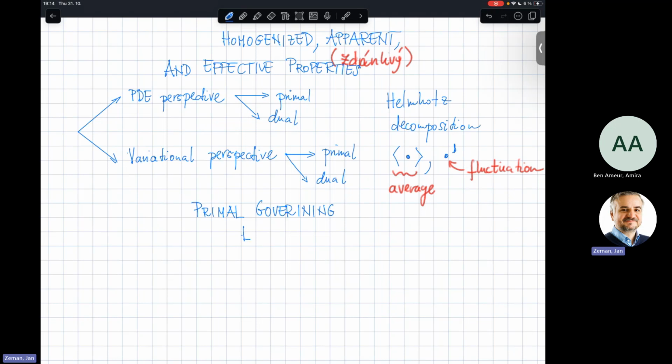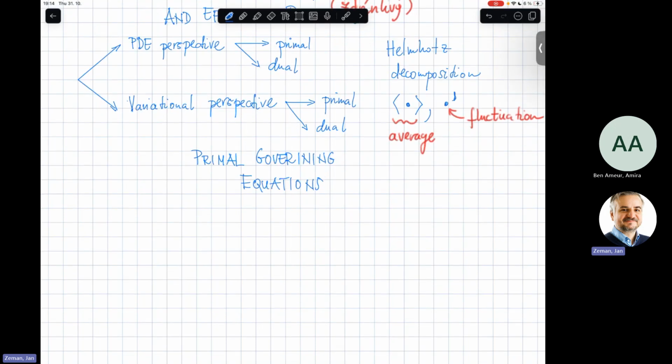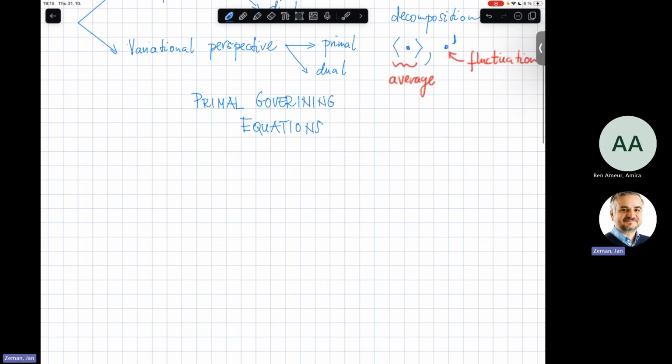And in this primal governing equations, I just need, so for that, I need again to draw this 4-component scheme.